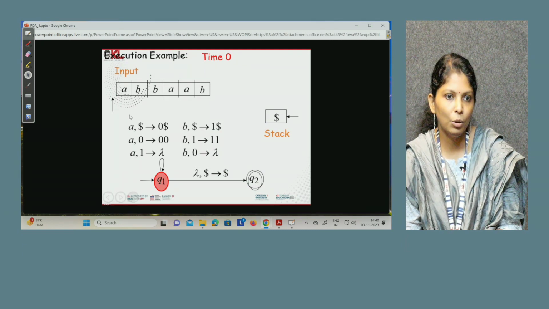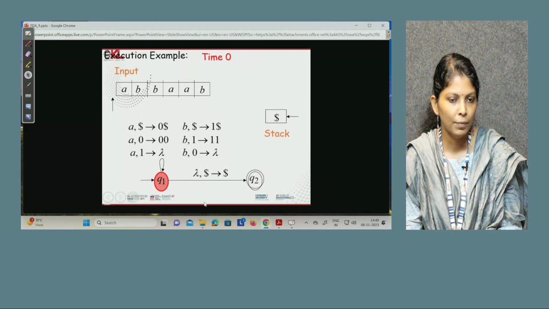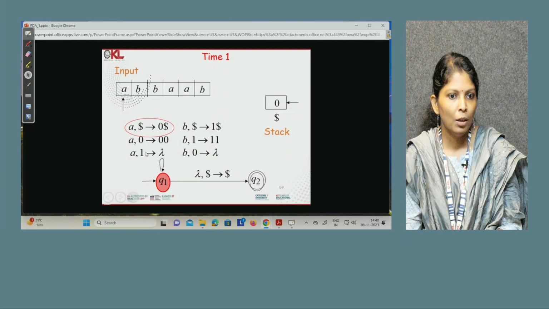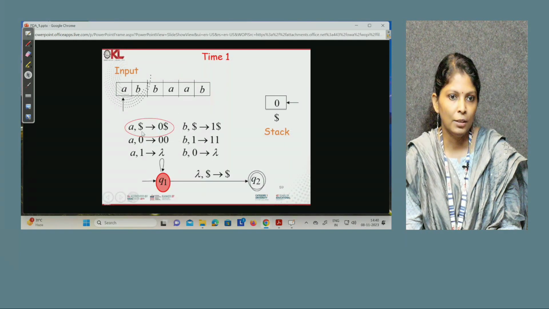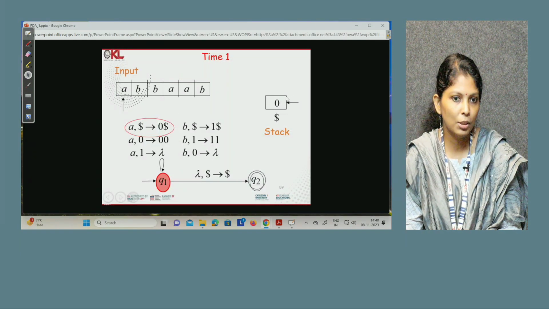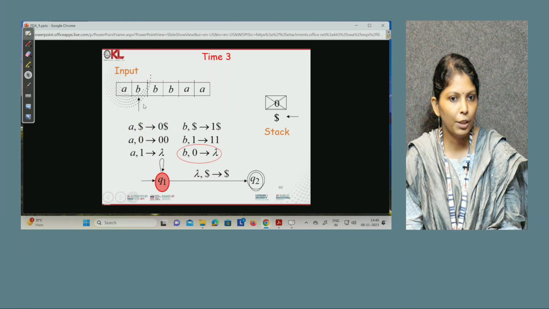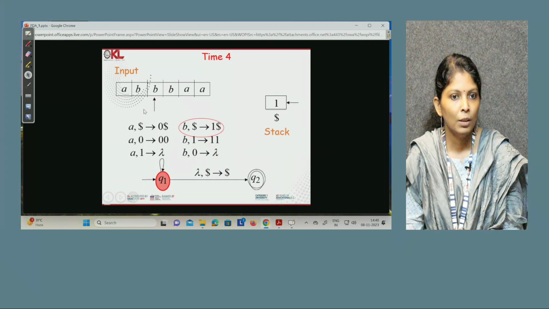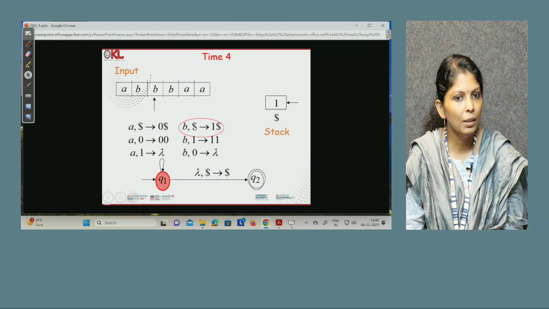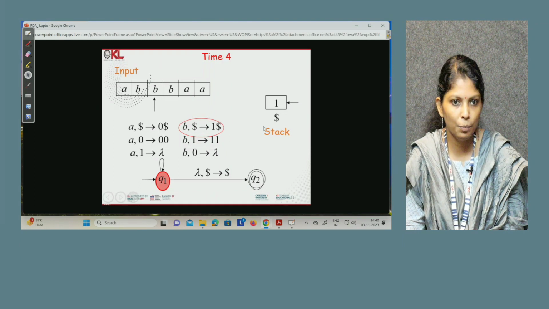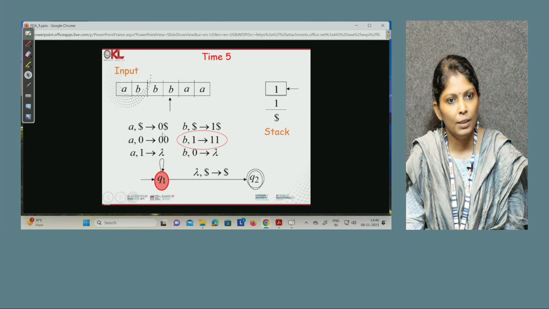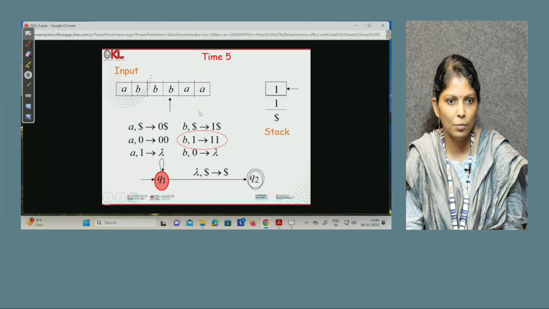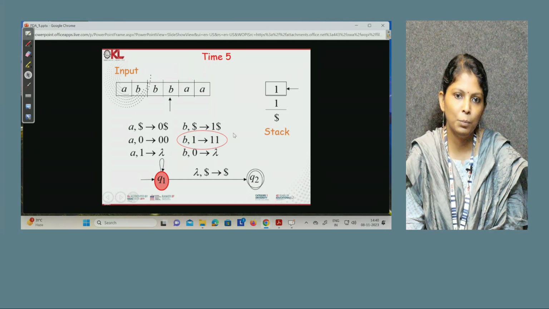Okay, so first we are going to process A. The stack is empty and the machine is in Q1. When we find A, we push 0 to the stack. When we find B, we pop out that 0. Then when we find the next B and the stack is empty, we push 1 to the stack. When B comes again, we push 1 to the stack again.